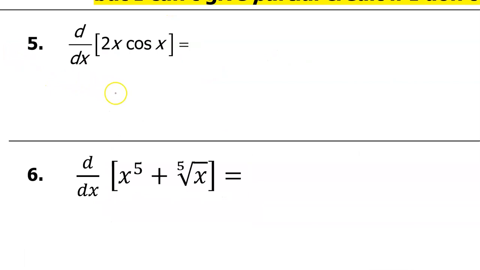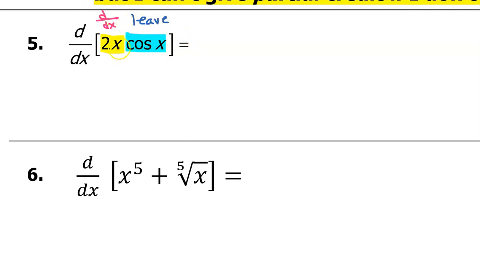All right, these next few are free response questions, so I don't have to simplify. I'm going to look at this as the product of 2x times cosine x. So I will do the product rule. When I do the product rule, I do the derivative of the first factor, and I leave the second factor alone the first time through.